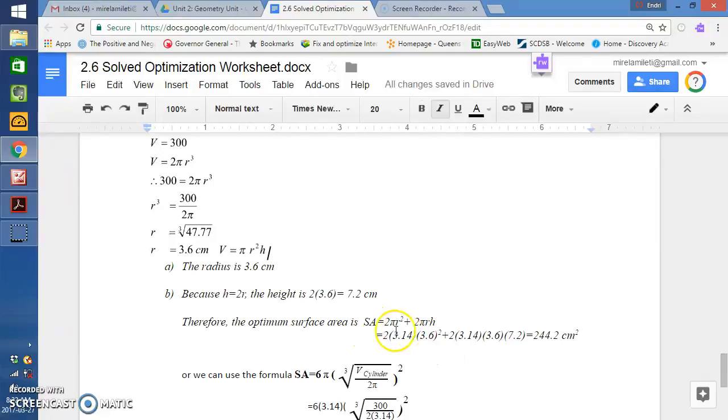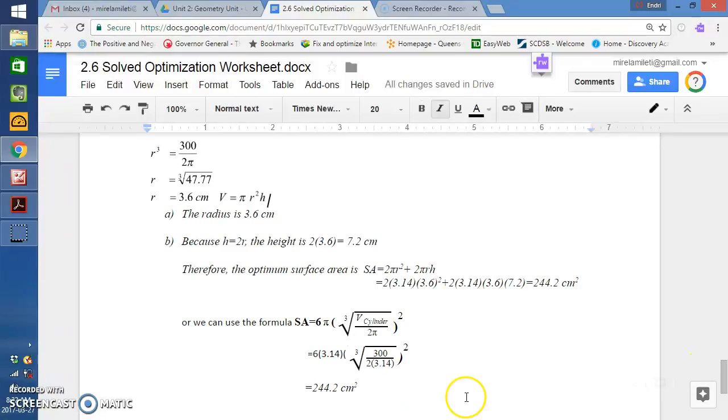Since we have both radius and height now, we can substitute the given information in this formula, or we can use the other formula, surface area equals 6 pi times the third root of the volume over 2 pi, squared. So both approaches are going to provide us with the same minimum surface area of 244.2 centimeters squared.